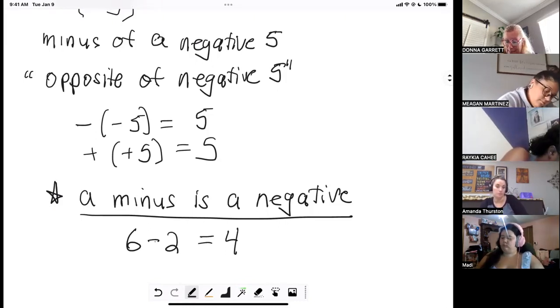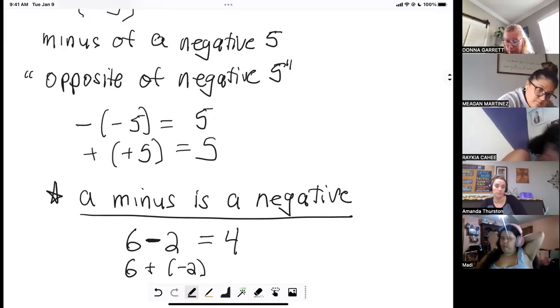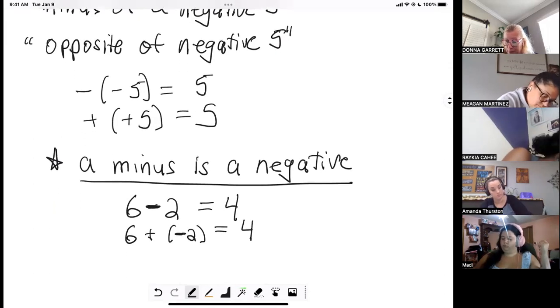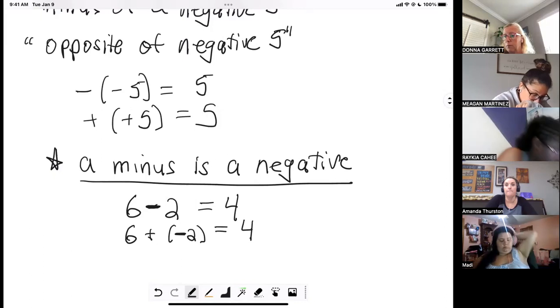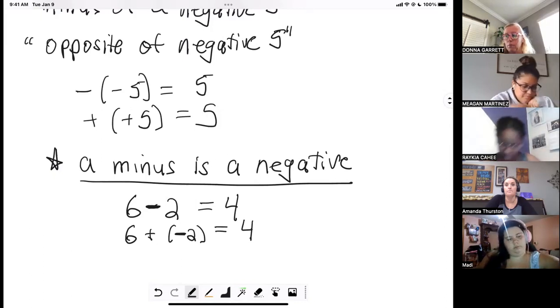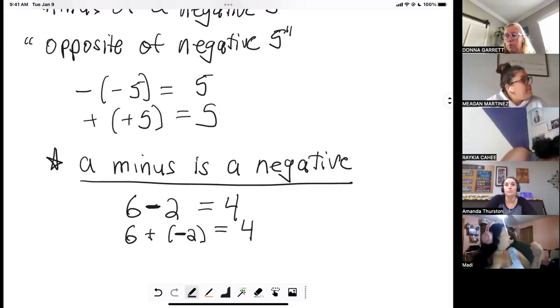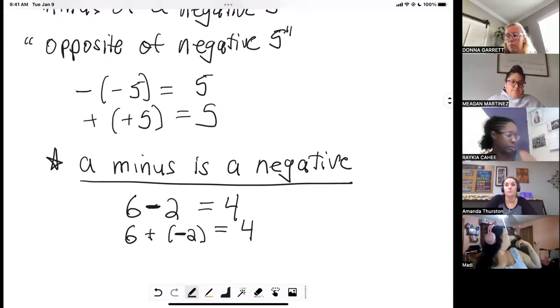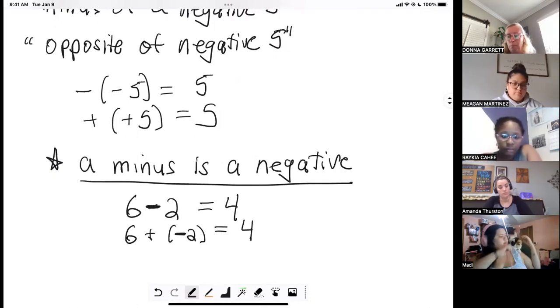But the minus is a negative because I can write it as 6 plus negative 2, which is 4. So that minus becomes a negative. They are the same. A minus and a negative are exactly the same, and minus is a negative. We'll add more to that in a little bit.